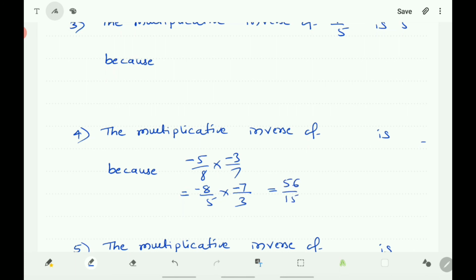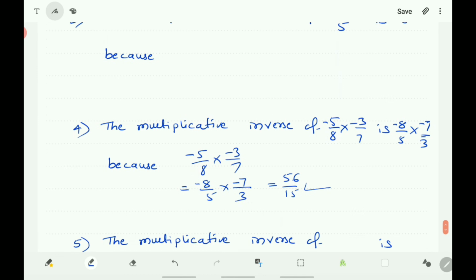So in terms of product you can write minus 5 by 8 into minus 3 by 7, its multiplicative inverse is minus 8 by 5 into minus 7 by 3, in the product form, you can say this way.